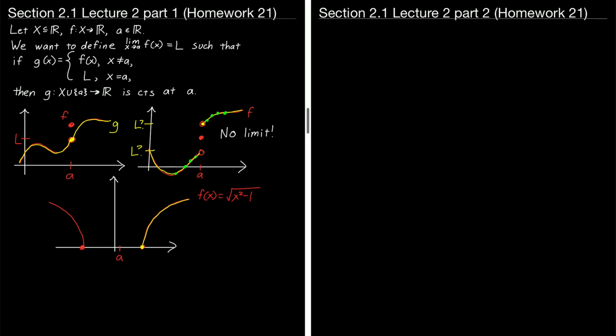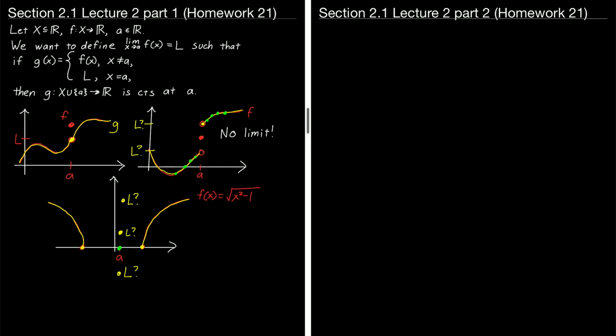When we fill in our g of a here or here, I could put L here, or I could put L here, or I could put L down here. And the point is, notice that there aren't any sequences that converge to a. Well, technically there's a sequence that's just a, and then the output is going to be L, L, L, L, L, no matter what happens.